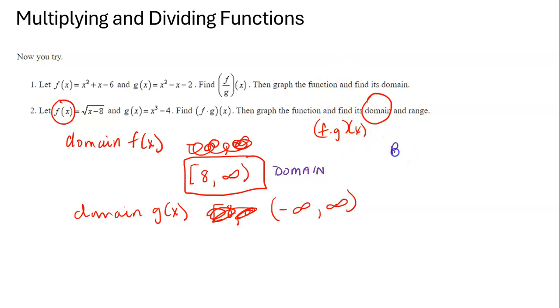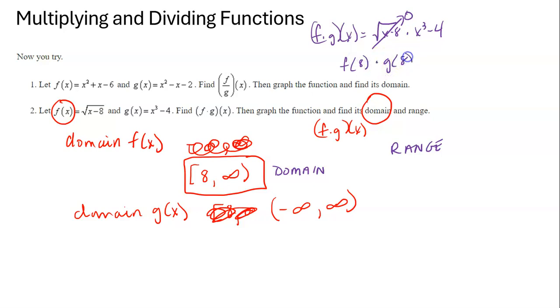And then to find the range, I plug in 8. So remember that my f times g of x is square root of x minus 8 times x cubed minus 4, right? So when I plug in 8 to this, this becomes 0, because f of 8 times g of 8 is going to be 0, because this is times the whole thing.